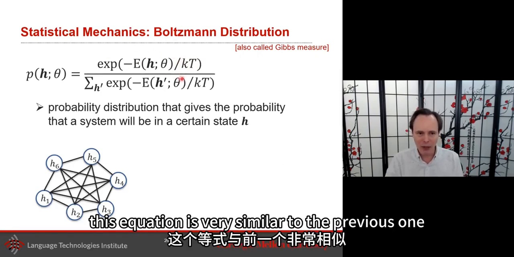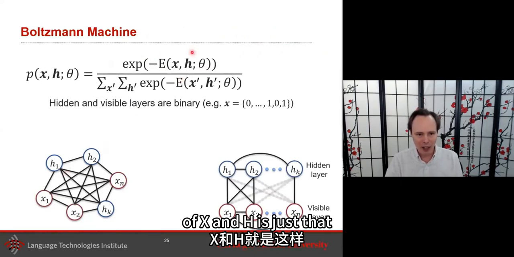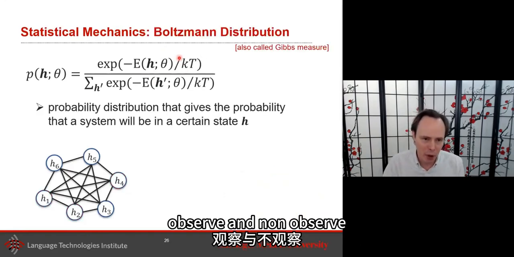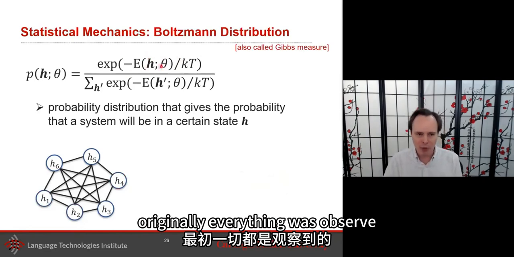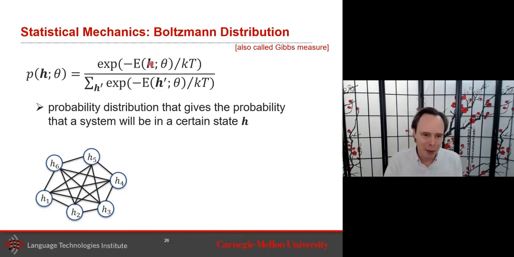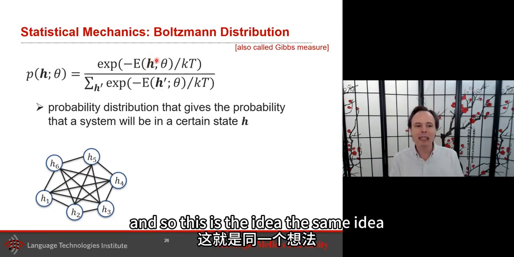This equation is very similar to the previous one, of X and H, except they're just put together instead of having separate observed and non-observed. Originally, maybe everything is observed. And so this is the idea.